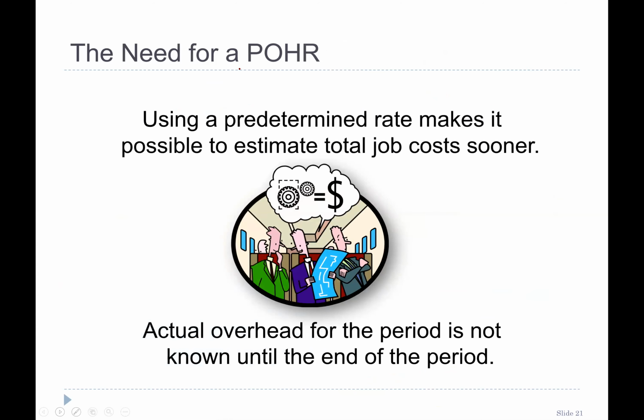Why is there a need for a predetermined overhead rate, or POHR? First of all, using a predetermined rate makes it possible to estimate the total job cost sooner, right?